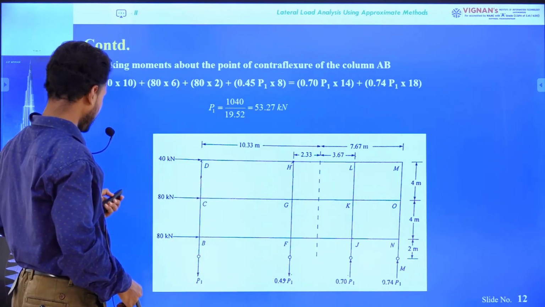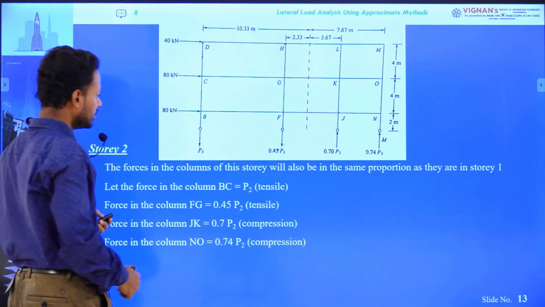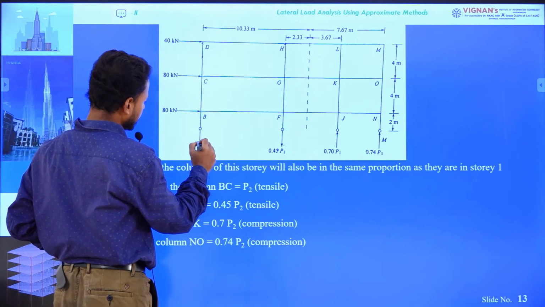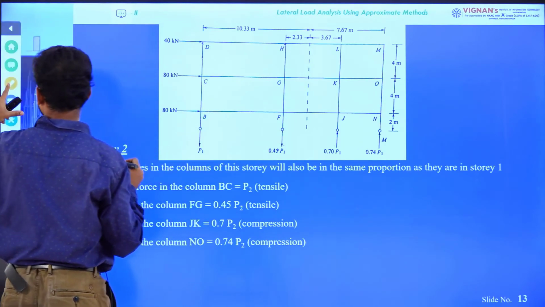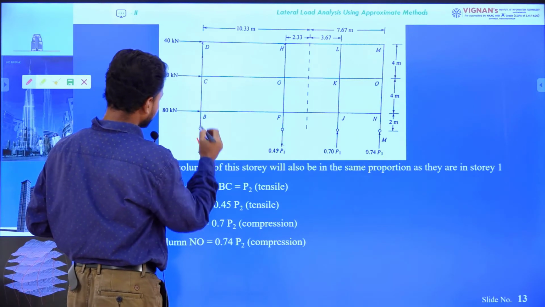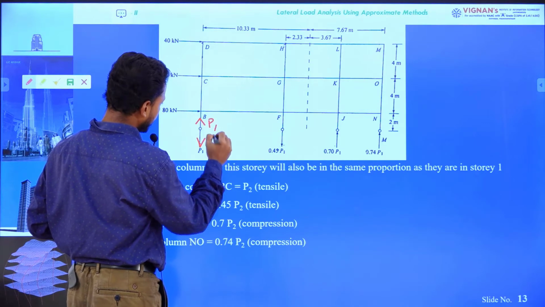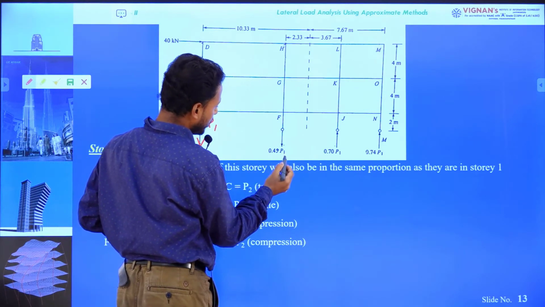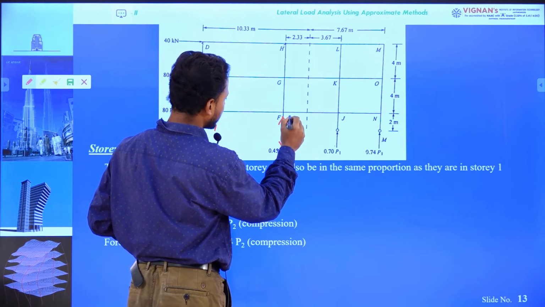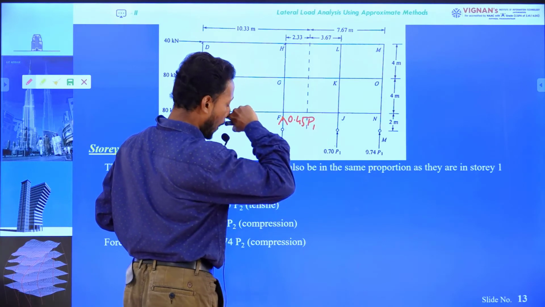Similarly, in this way, if you consider story 2, we have these forces. See, we have calculated the forces, that is P1. Here P1 is working down, so here another P1 will be acting upward. 0.45 P1 downward, here also one force will be acting, 0.45 P1, opposite and equal.